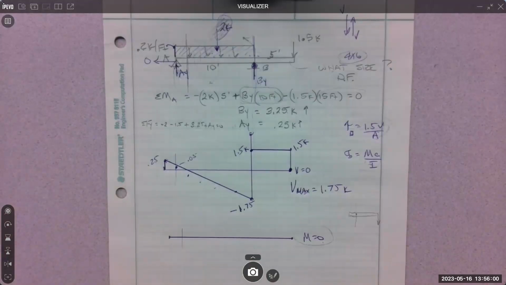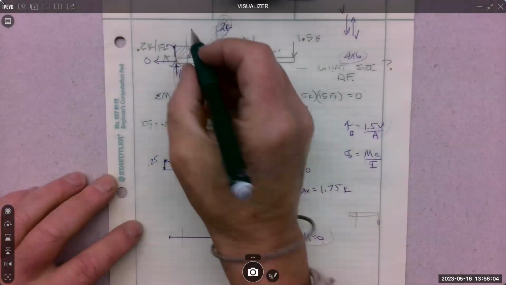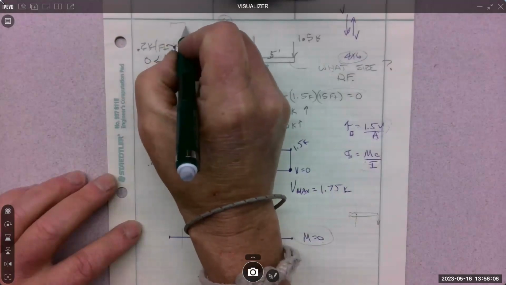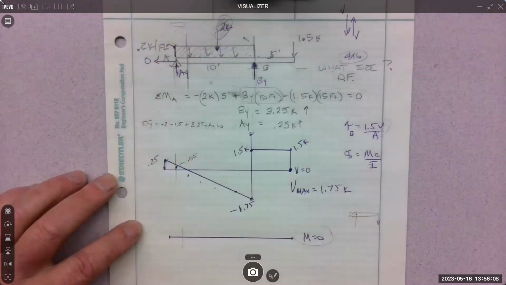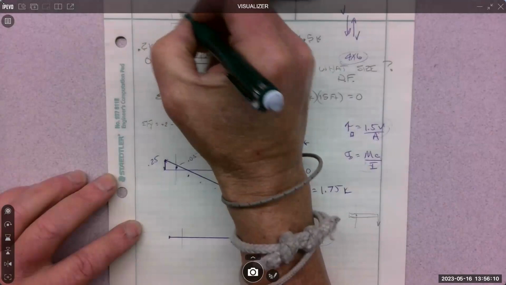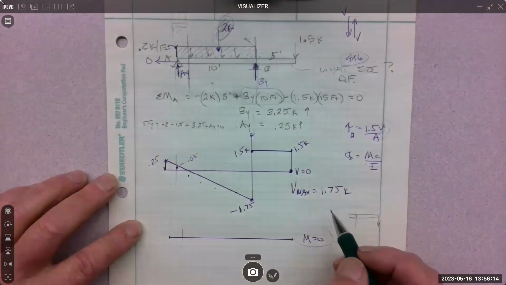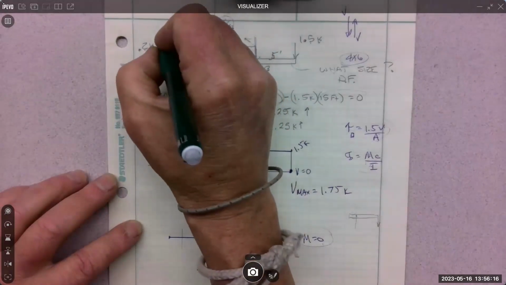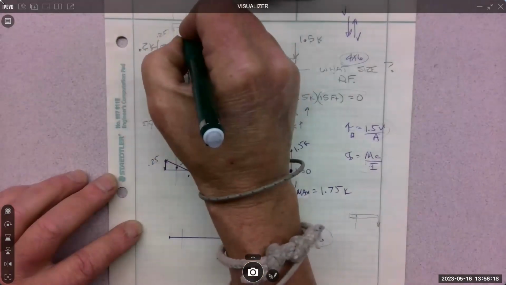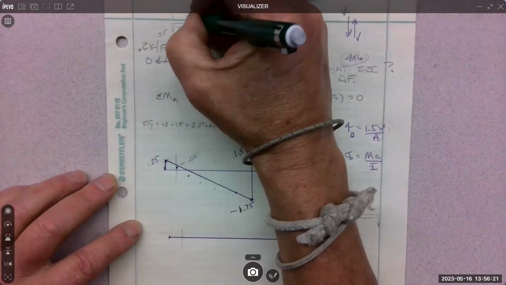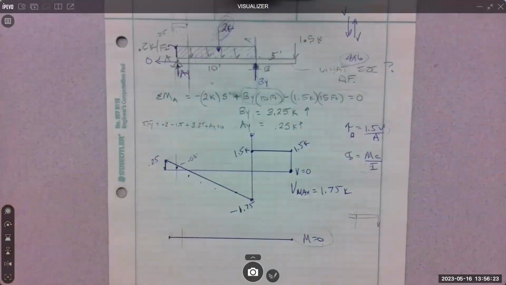To the left looks pretty simple. And you literally draw a little section of the beam that's 1 foot. It has a little distribution on it, and it has a reaction of 0.25. And what you want to know is the moment at that little section.